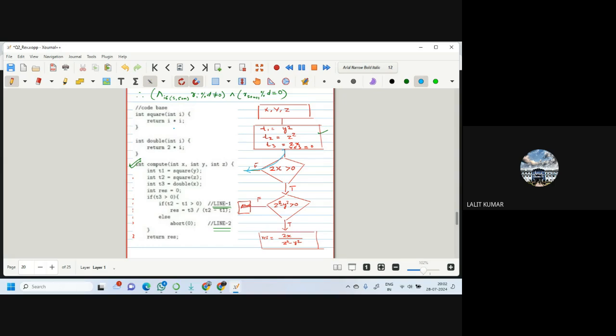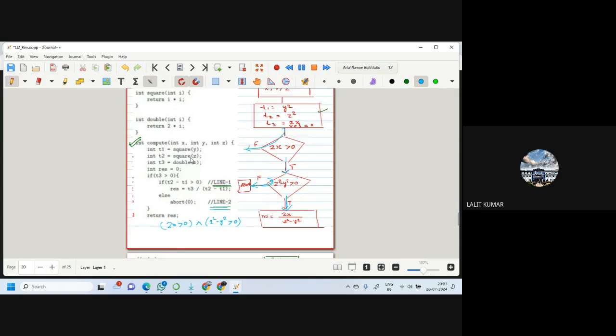If T2 minus T1 is greater than 0, second condition. If it is false, second path. Else is coming here. So to come here, they will ask what are the conditions to reach line 2 again. So it will be 2x greater than 0 and z square minus y square is greater than 0.